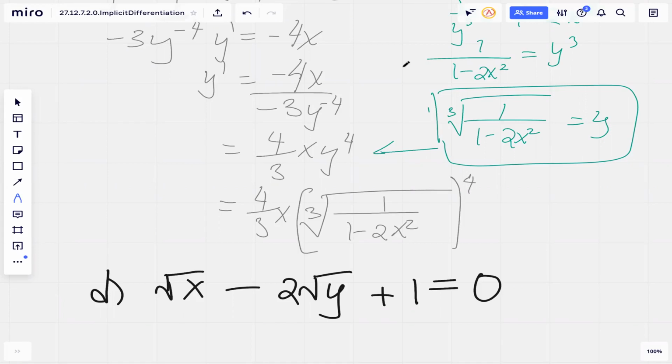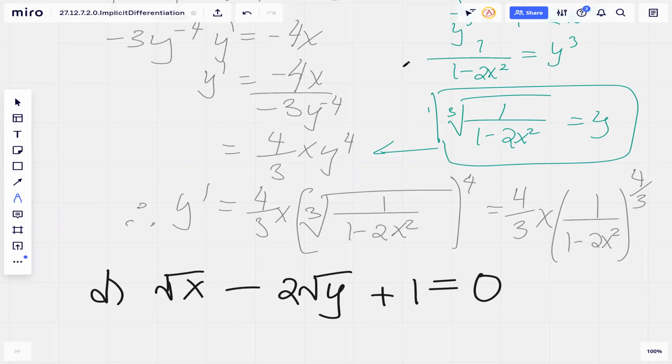We can clean this up and make it a little neater. 4 over 3 times x, 1 over 1 minus 2x squared raised to the power 4 over 3. And this is our y prime.